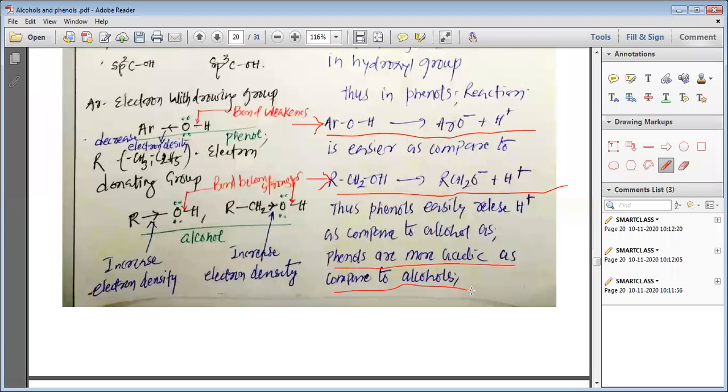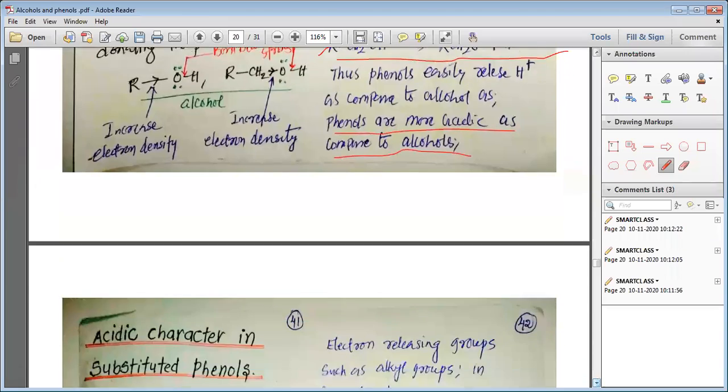So as compared to the alcohols, phenols are more acidic.